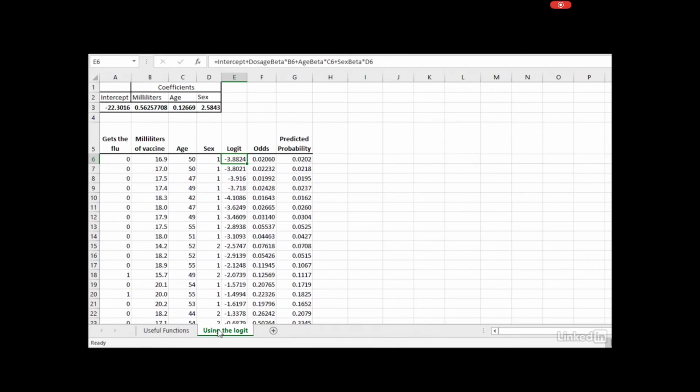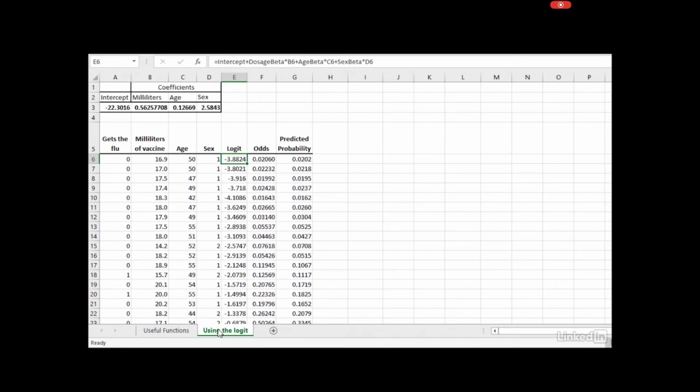Now, R is a lot faster. You'll get a logistic regression analysis from R with a lot less effort than goes into a logistic regression analysis done in Excel. The other side of that coin is that there's an awful lot of information that R doesn't show you, because it's really intermediate calculations.